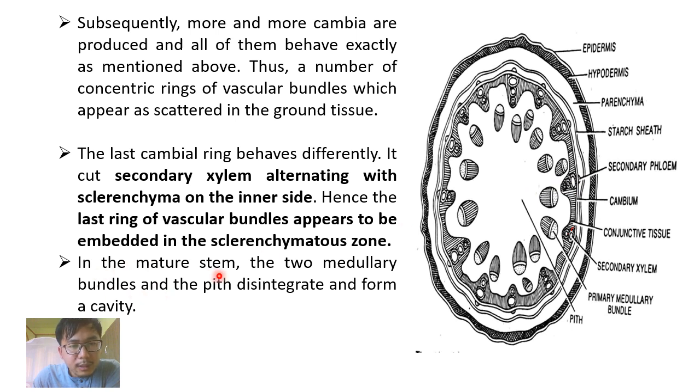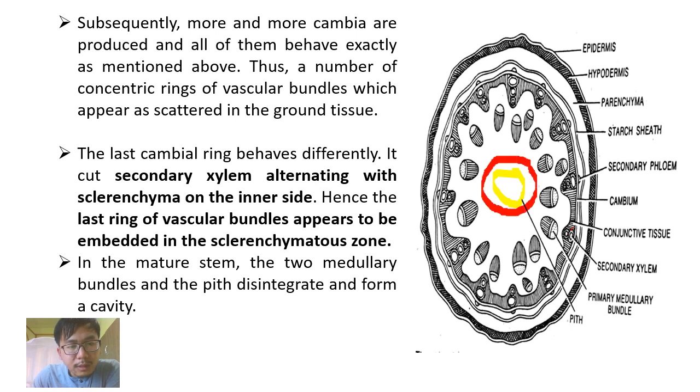In the mature stem, the two medullary bundles and the pith disintegrate and form a cavity. So when the plant attains maturity, the medullary bundles, somewhere here, let me write it. Suppose this is one and this is two.